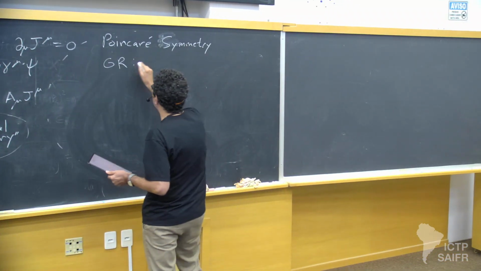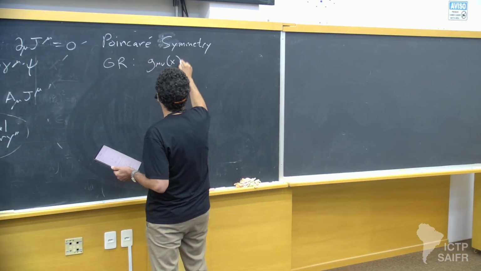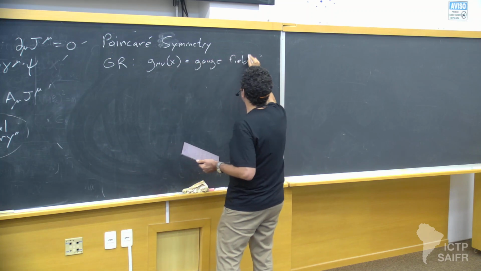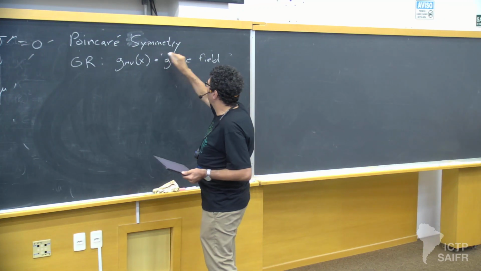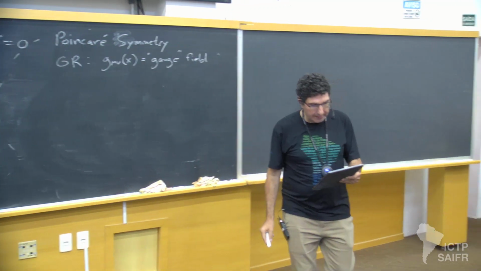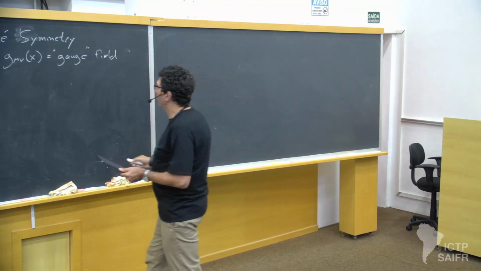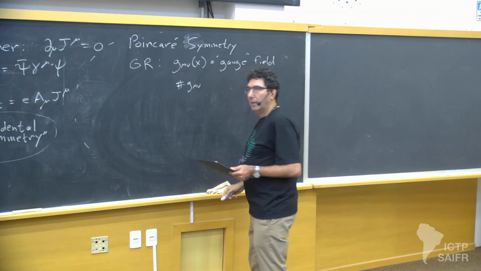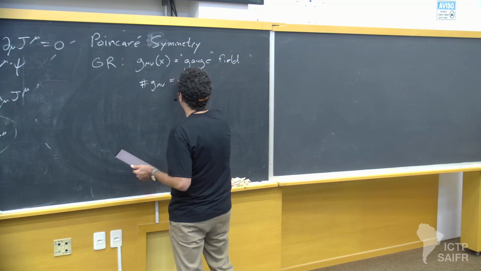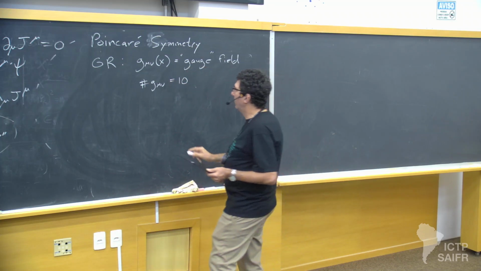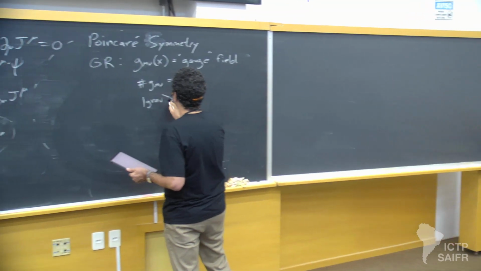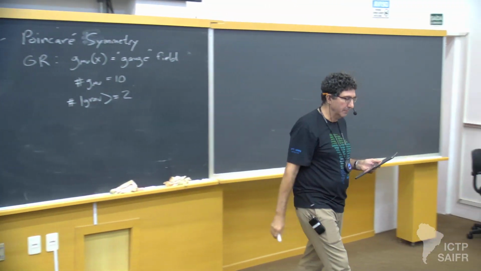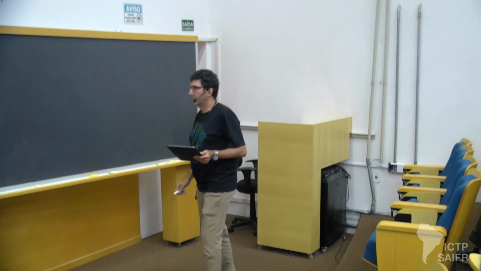And in general relativity, the space-time metric is a gauge field, okay? And I don't mean that it's secretly an A mu. What I mean is that the field G mu nu, because it's a symmetric tensor, has 10 degrees of freedom, but a single physical graviton has 2 degrees of freedom, as we heard from Yutin's lecture, right?